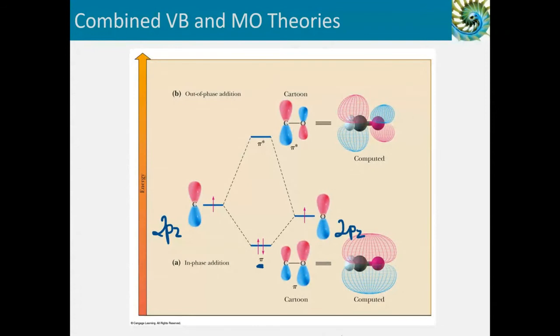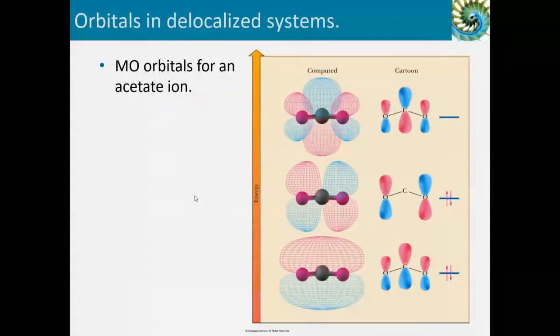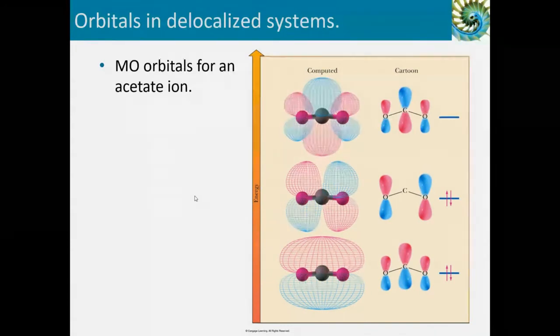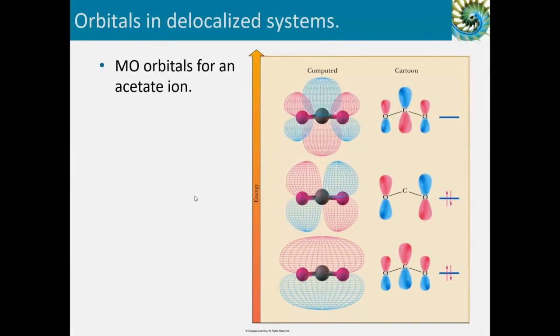Okay, so let's move on to more complicated systems. Here we have a molecular orbital diagram for the acetate ion. The acetate ion is the ion formed from acetic acid that has been deprotonated.